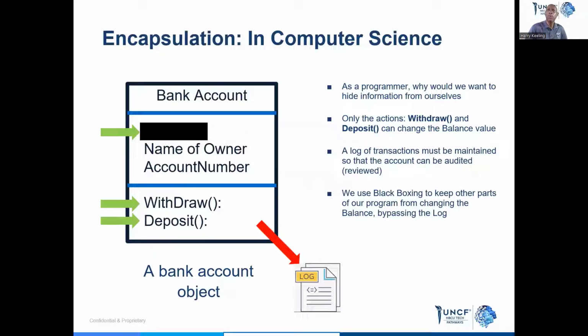Because if programs could directly change that value, we could not maintain an accurate log of all transactions that affect the balance. So what we do is we hide the balance. It can't be changed directly. All changes to the balance must go through the withdrawal or the deposit method. When all programs are forced to go through either the withdrawal or deposit method, it means that all changes in the balance will automatically insert a record into our log.